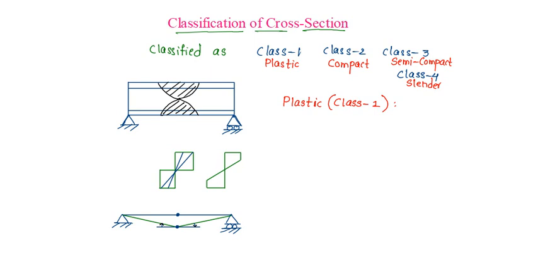If we consider a cross section in which a plastic hinge is formed in the middle, and take the stress distribution in the middle, then in all the layers Fy stress is reached, whereas just beside it, only up to a few layers Fy stress is reached. A plastic hinge is formed here, so this is called a plastic hinge.